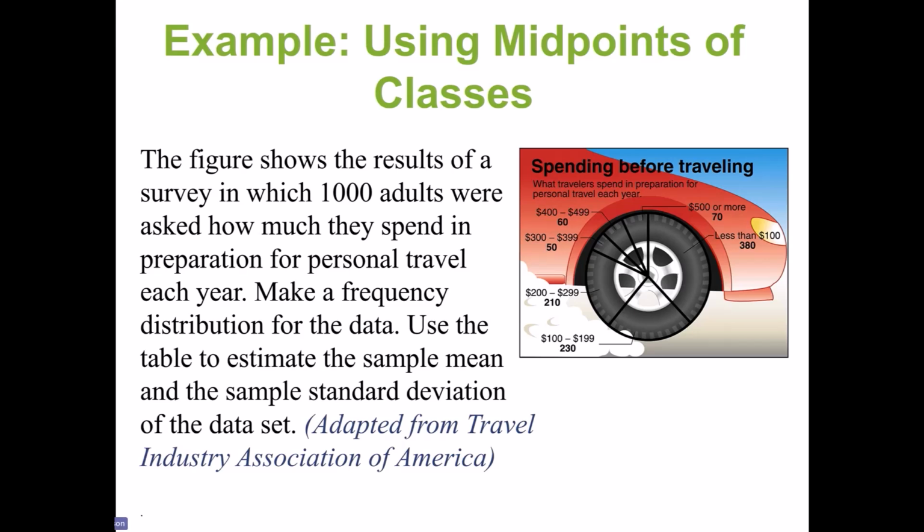We have to make a frequency table for this data and then estimate the sample mean and standard deviation. In this case, we don't have the raw data values. We have the classes themselves: $100 to $199, $200 to $299. Because we don't have those raw data values, that's where we would have to use midpoints to estimate this instead.